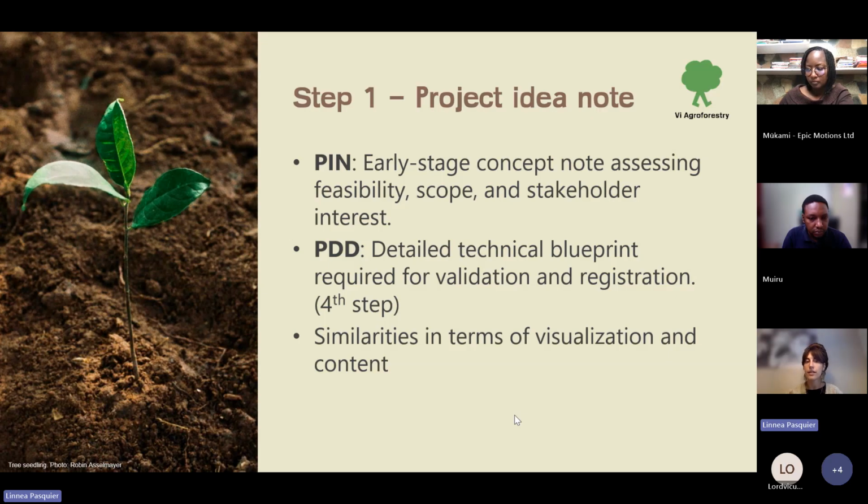But this is just for you to understand that later on in this process, which is the fourth step, is the PDD. These are quite similar in terms of what they include, but they are very different in terms of the extension of them.